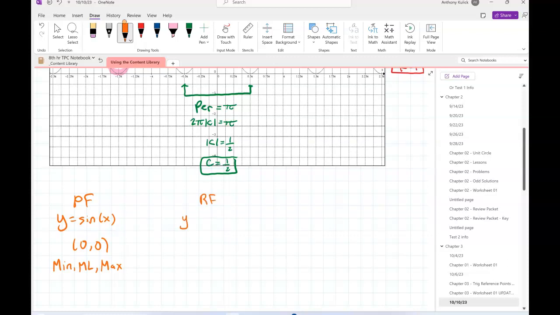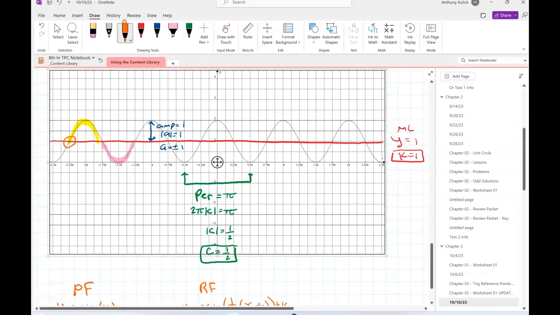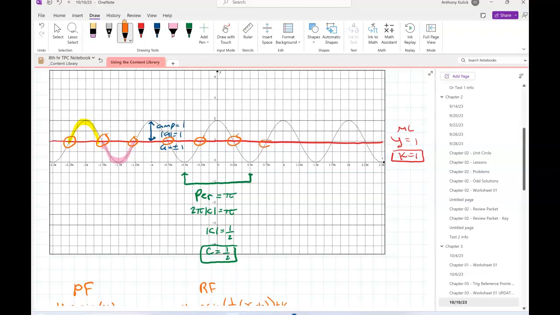From our resultant function, we need to pick a midline point also. Now we have lots of choices. Look at all the choices we have.